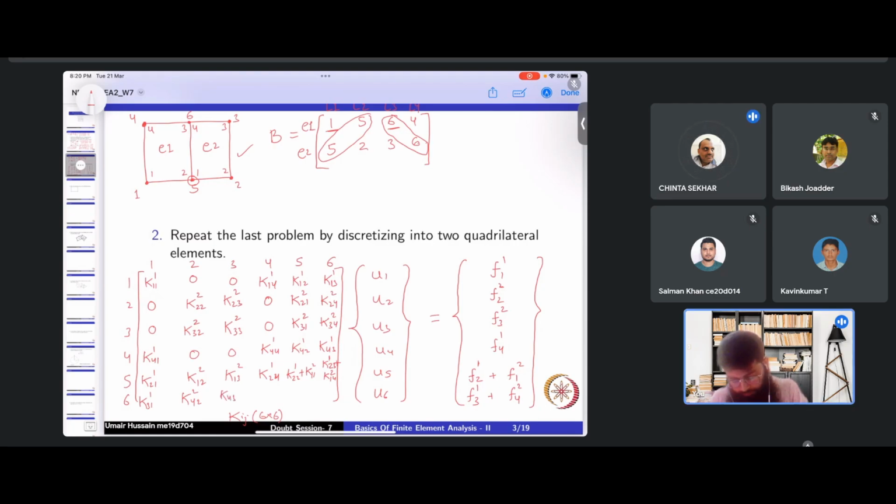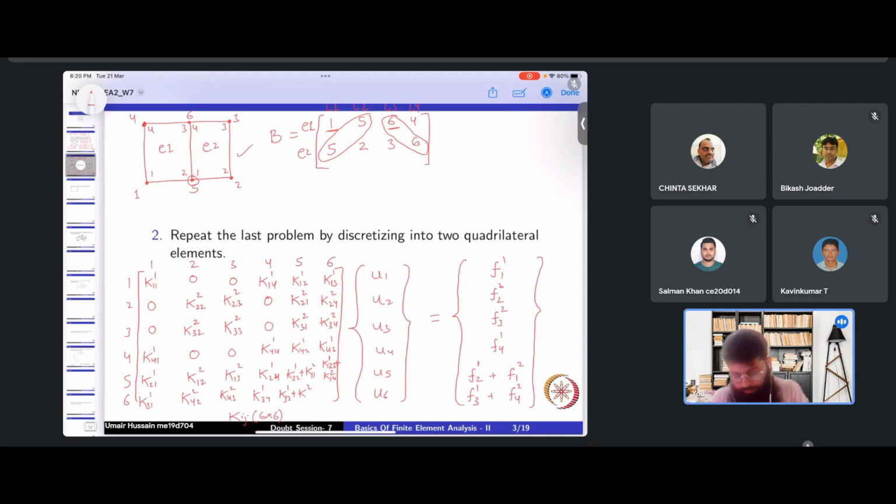6 3 is K4 3 of element 2. 6 4 is K3 4 of element 1. Okay. 6 5 again, this connection is in both elements. So we have one contribution from element 1 and then from element 2. For element 1, the connection is 3 2, local node 3 and 2.